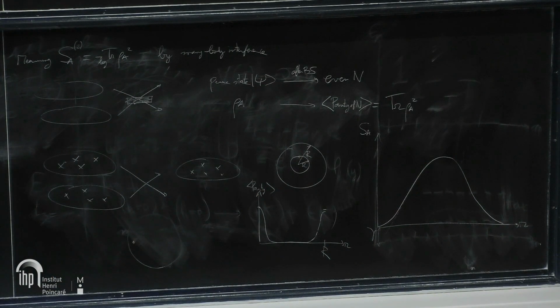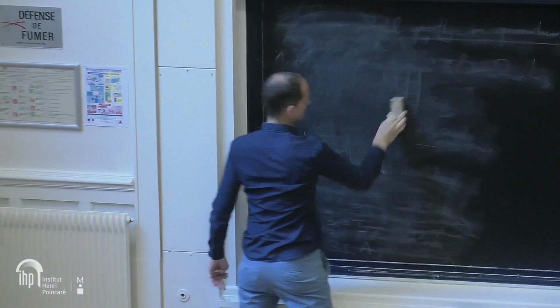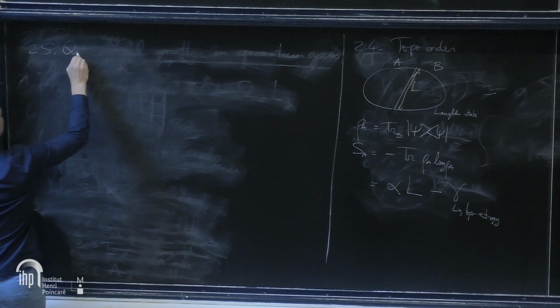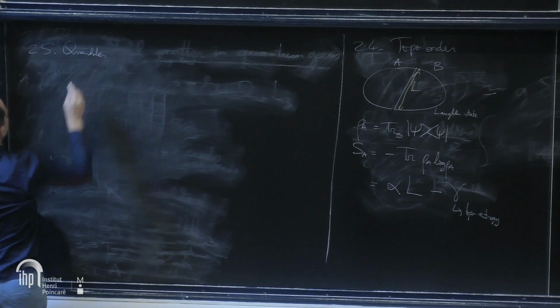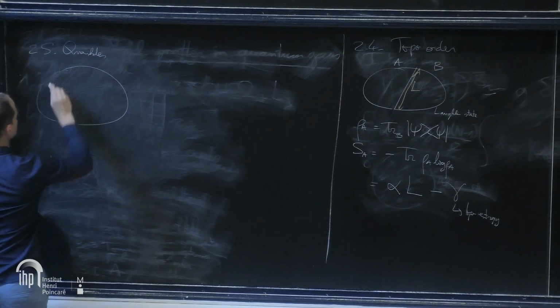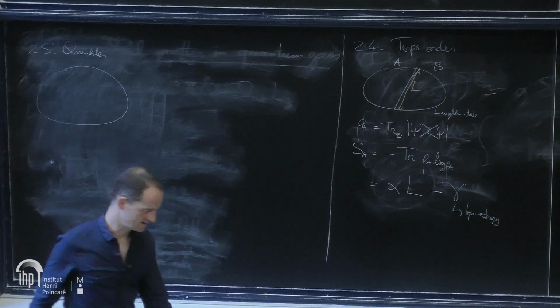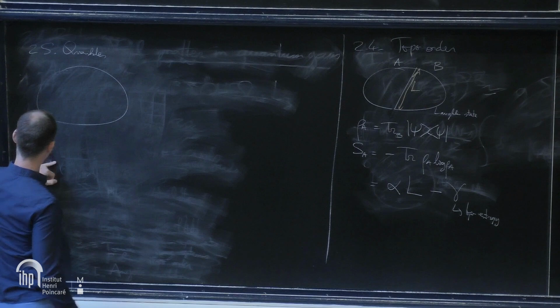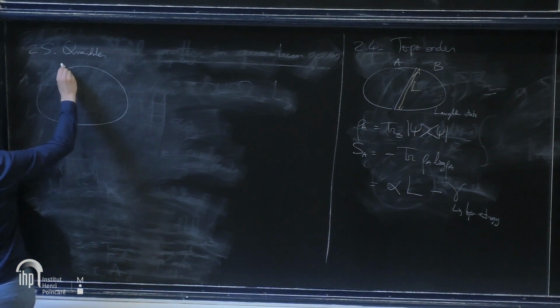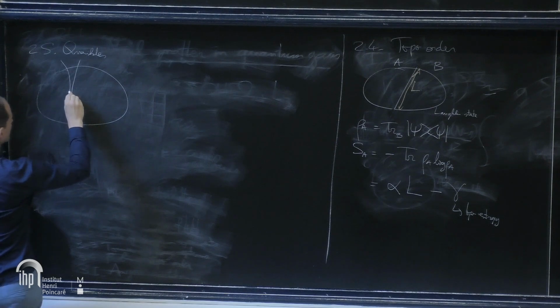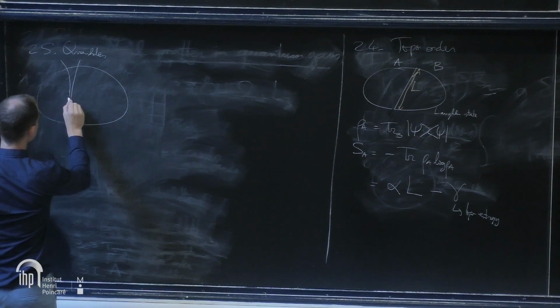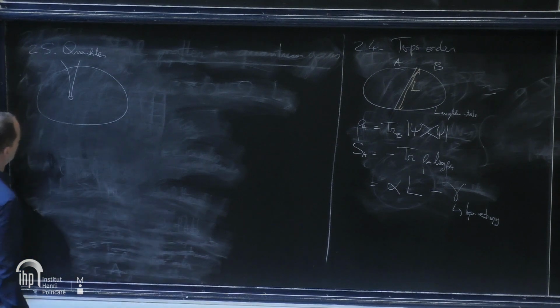I will not write equations, only drawings for quasi-holes. So what is maybe the most exciting about these Laughlin states are the quasi-hole excitations that could be realized by sending a focused laser beam, a repulsive potential, on the system that would create here a hole.